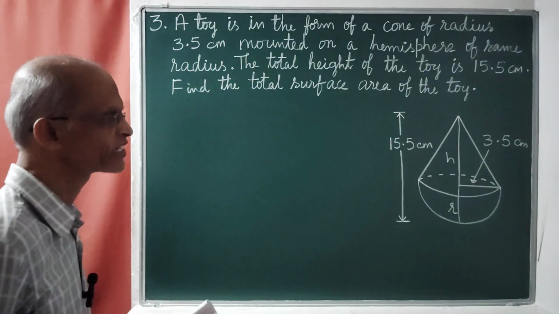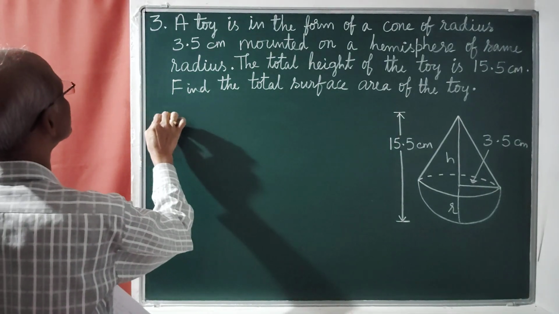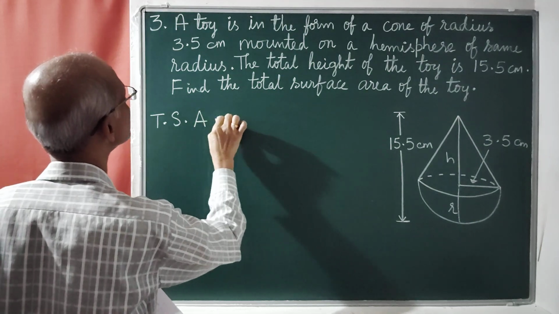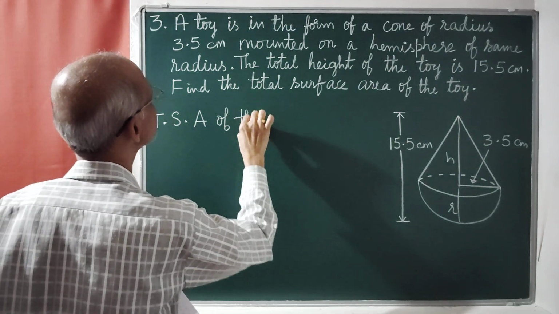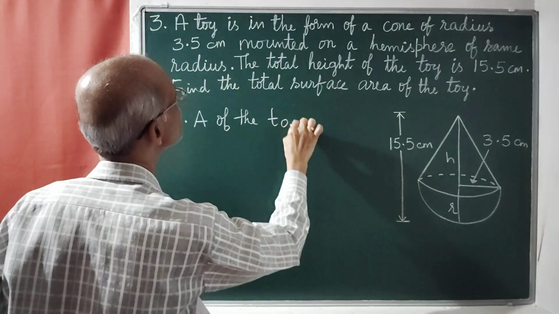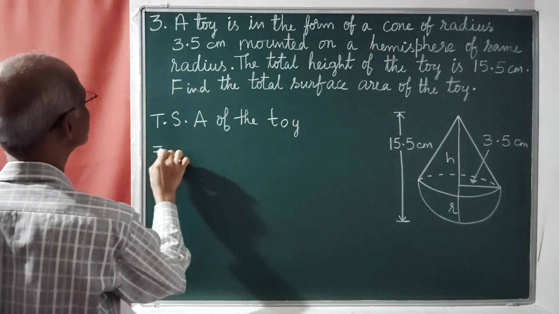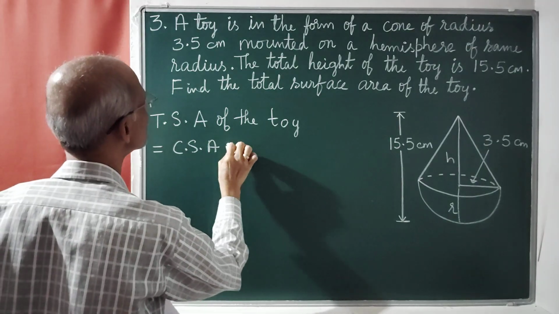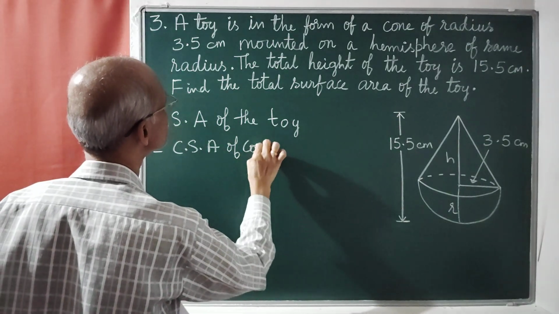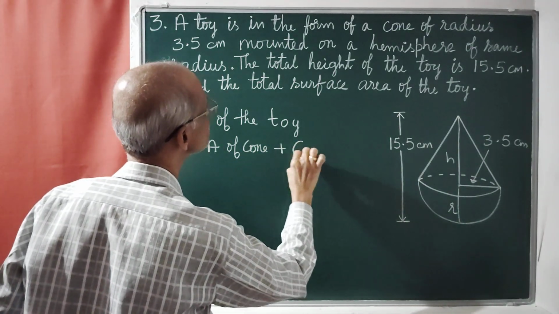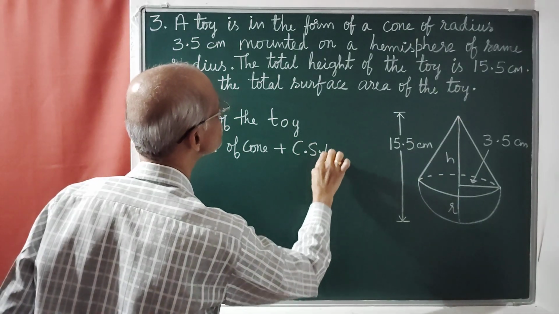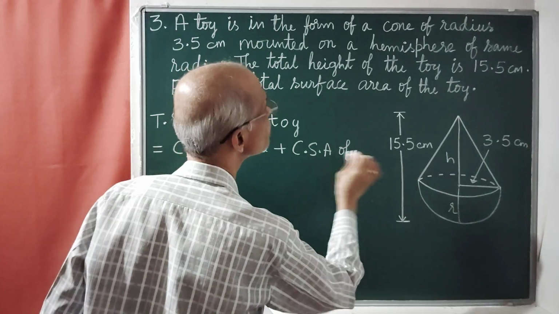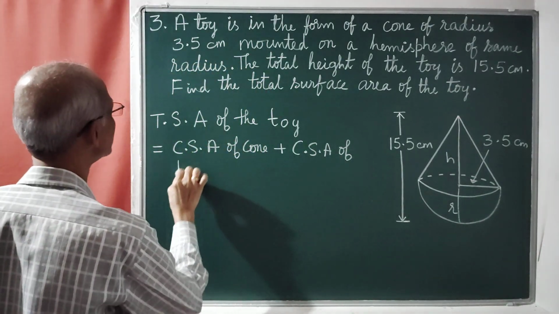Now the total surface area of the toy, TSA of the toy, is equal to CSA of cone plus CSA of hemisphere.